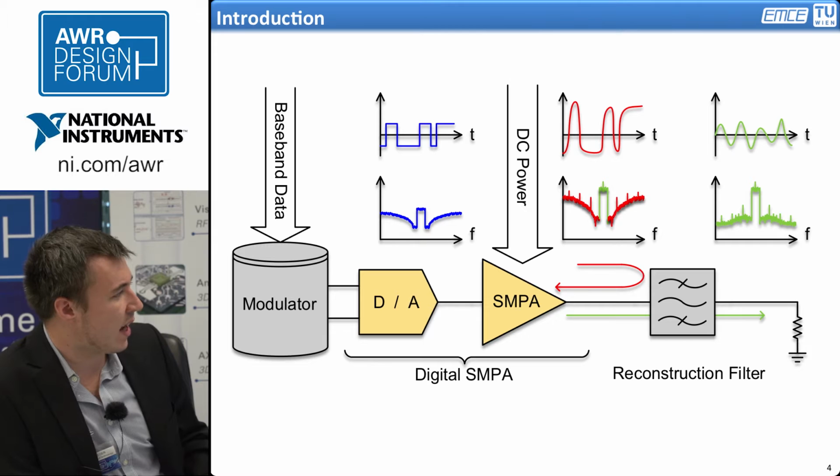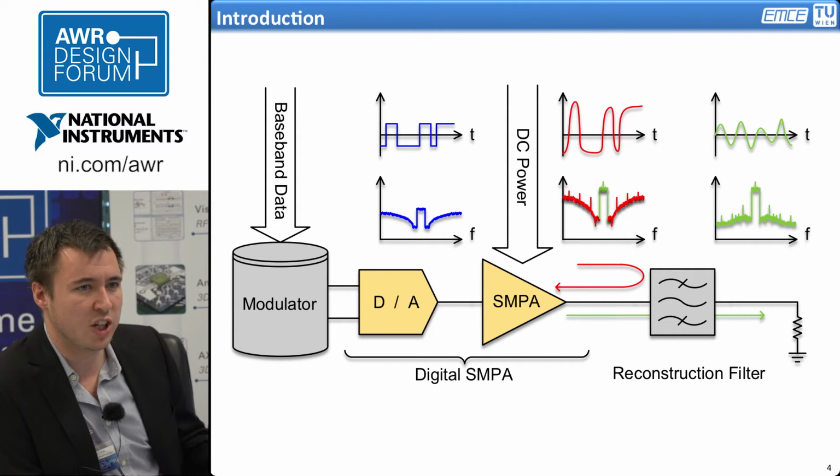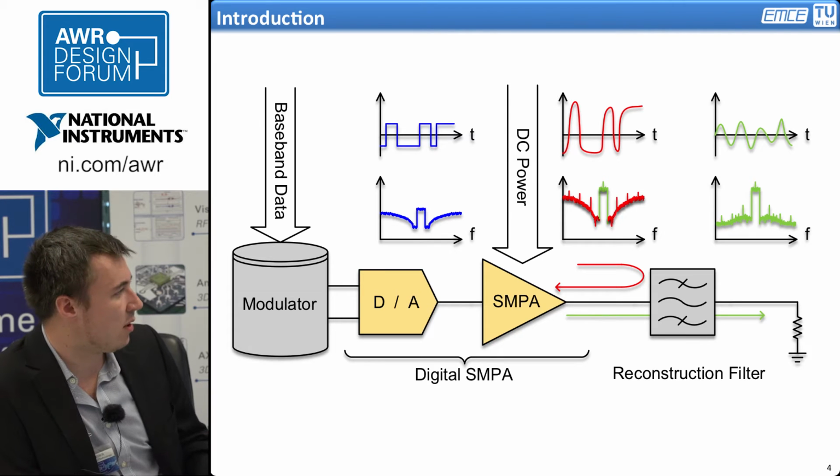Therefore, we need a reconstruction filter which eliminates these components. And since my colleague already introduced it a bit, this filter has to be highly reflective in order for the overall circuit to act energy efficiently. This makes up for a very interesting design criterion. And at the end, of course, we would like to have this desired output signal, which is not so easy to achieve.